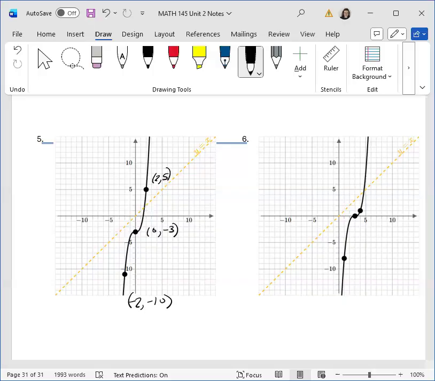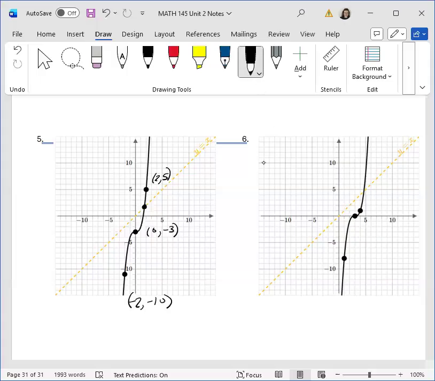Also, note that any point that's on the reflection line will stay on the reflection line. So this point right here is on the y equals x line. If I switch the x and y coordinate, that point would stay. I'm not going to identify that coordinate, but I am going to make sure that when I graph the inverse, it intersects right on that point.